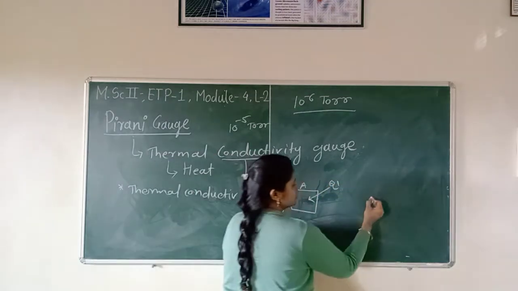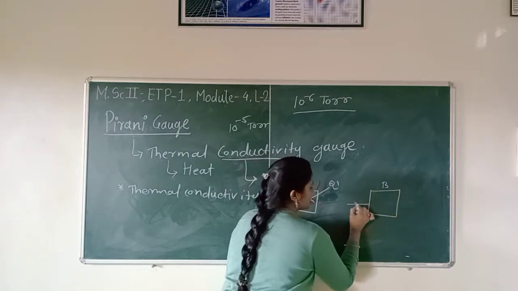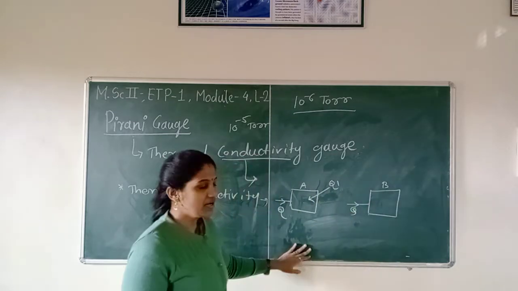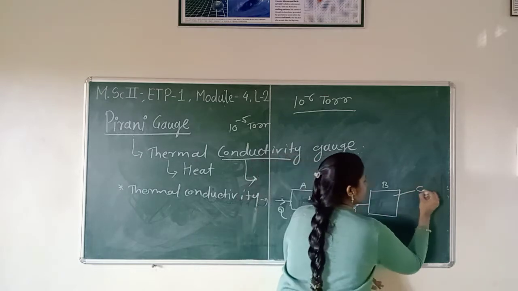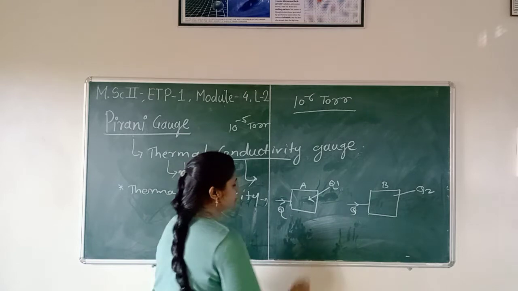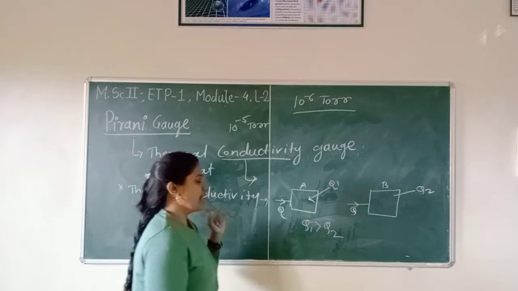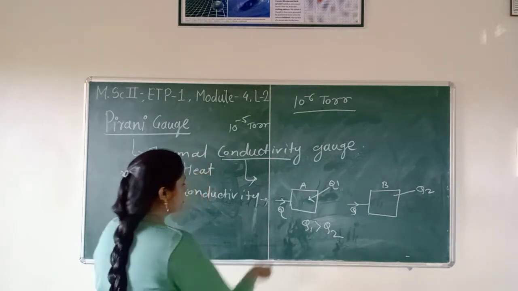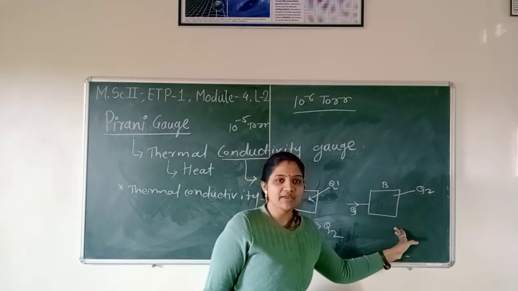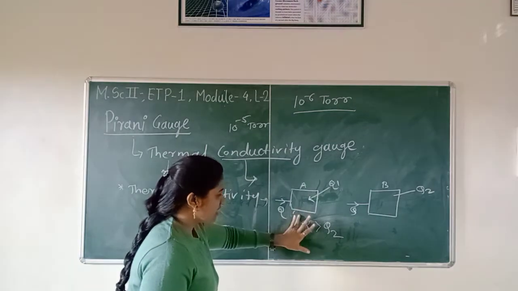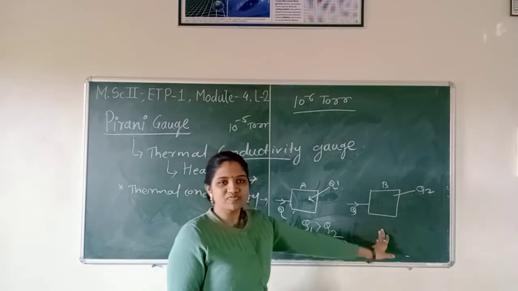Now the second object is object B, and here also we are giving Q amount of heat, but this object B absorbs Q2 amount of heat. Now if I say Q1 is greater than Q2, then I can easily say that object A has high thermal conductivity as compared to object B, meaning this object A absorbs the maximum amount of heat as compared to object B.